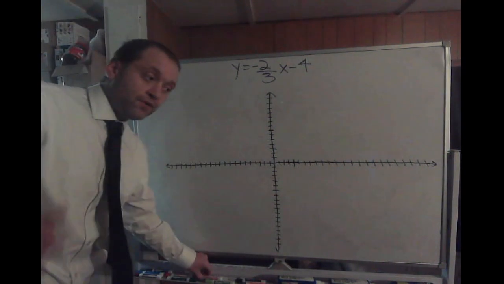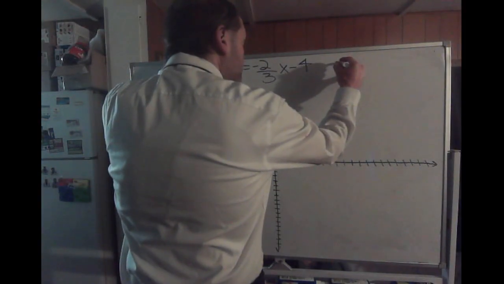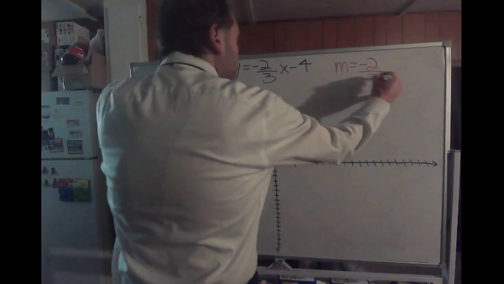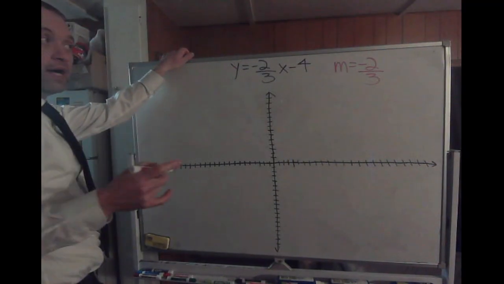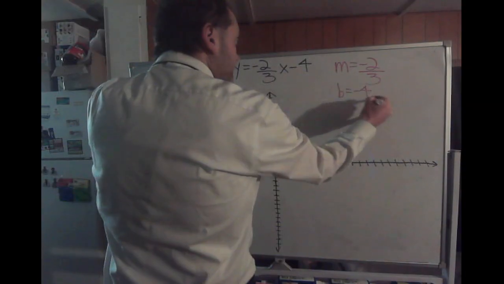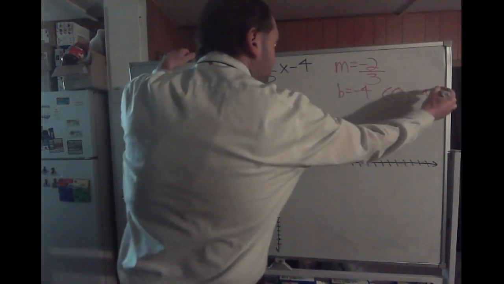So go ahead and first identify your slope, which would be -2/3, since that's the coefficient of your x term. Now, what is your y-intercept? That's going to be -4, so the y-intercept itself would be at 0, -4.